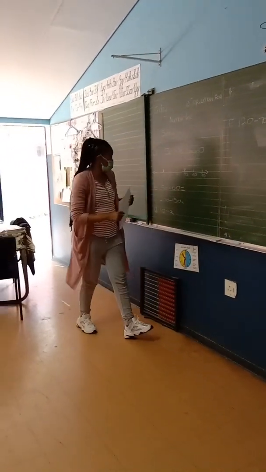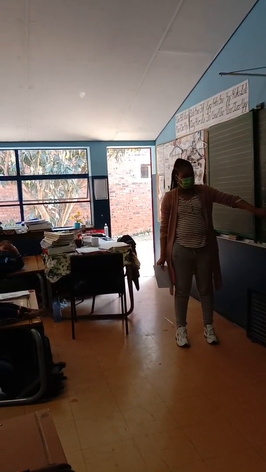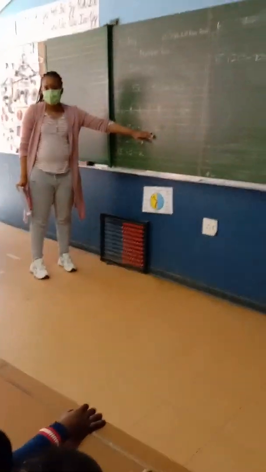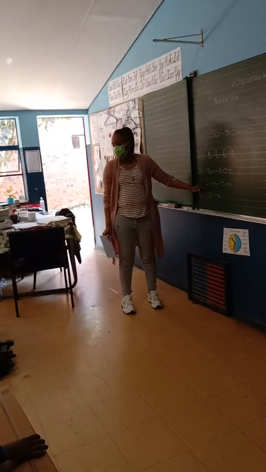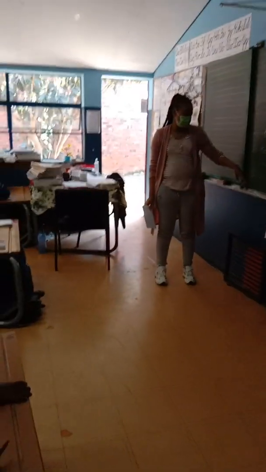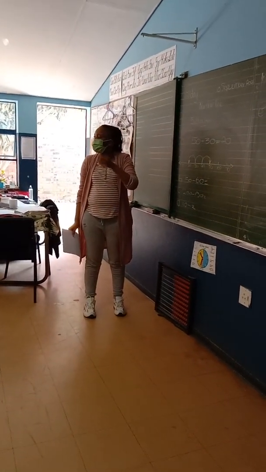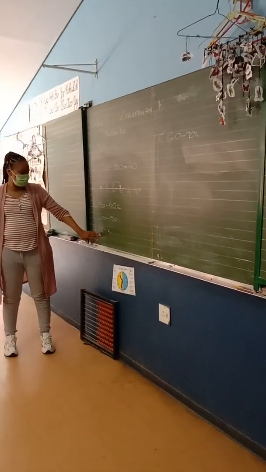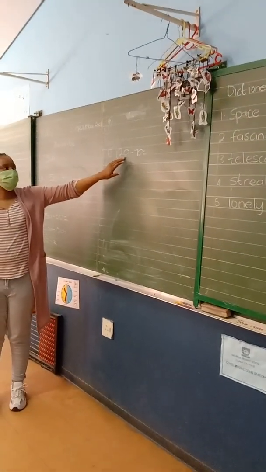Can you guys see? Yes. Okay, what is B, number 2? 150 minus 60. And then number C? 200 minus 150. You're supposed to say the full numbers. Okay, and then D? 10 minus 2. And then E?